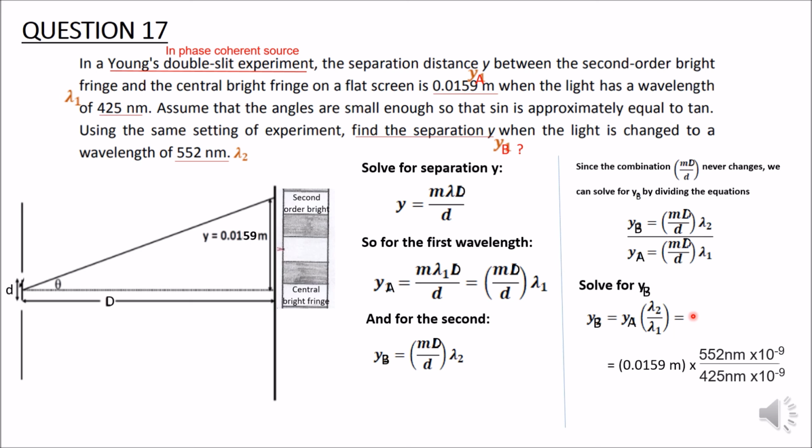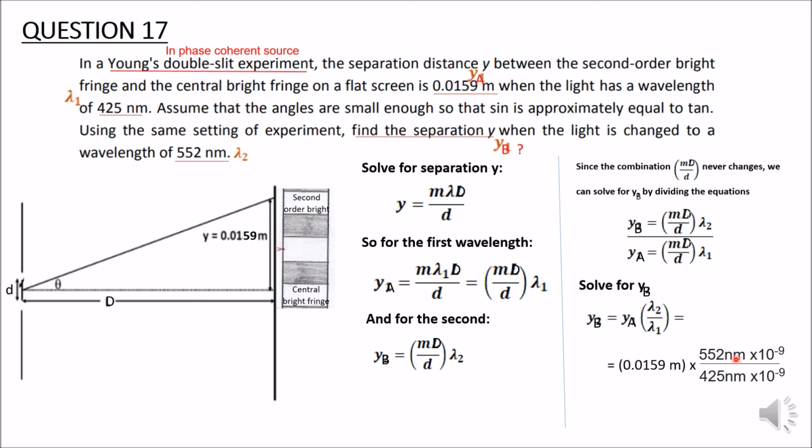Then we just substitute the values into the equation like this, and both of the lambdas are in nanometer, so we must multiply by 10 to the power of negative 9 to convert nanometer to meter.